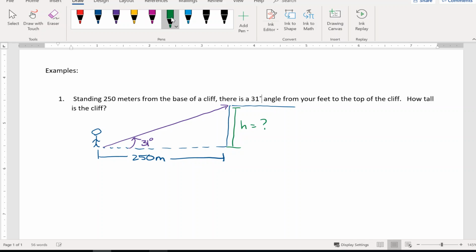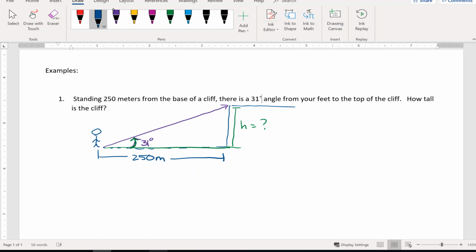This is the cliff. Now let's take a look at this angle. So we know that this is 31 degrees. It's an angle of elevation. So here's our horizon. That's the horizon from the feet, and going up, that's 31 degrees.